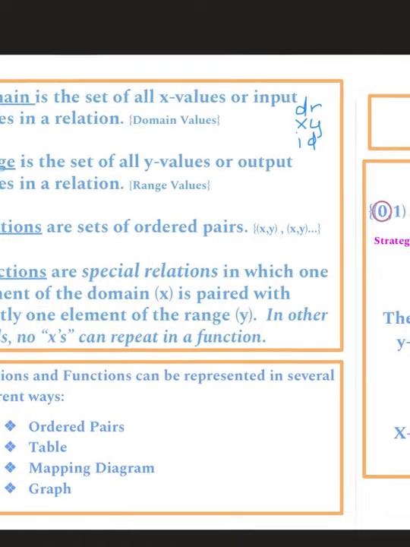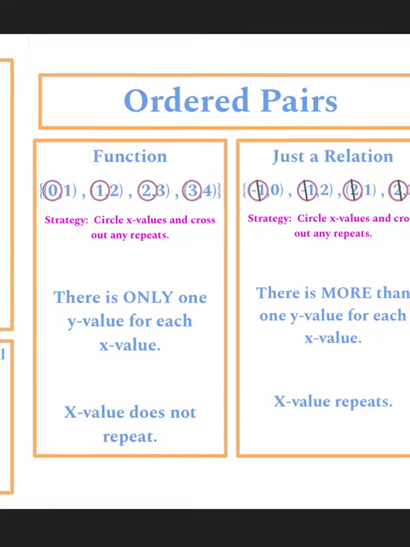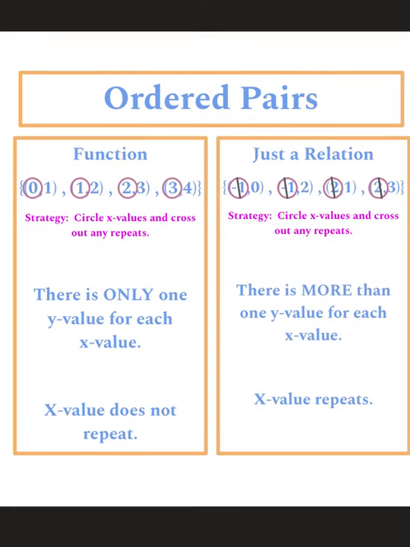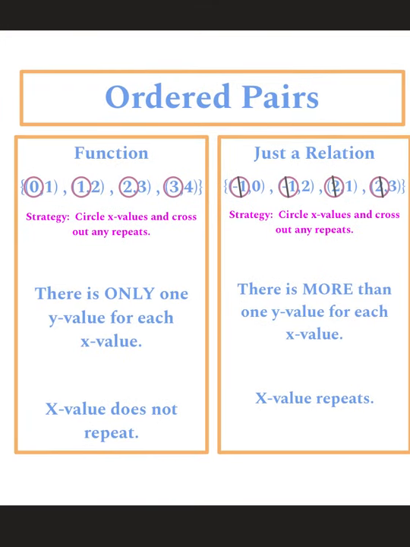Okay, so let's take a look. First one, we have a set of ordered pairs. Now, one thing I always would tell my students, if you had paper, would be to go through and circle all of your x values. And I suggest to do this because sometimes the numbers are so crowded together that it blends in. So if you circle the values you're supposed to be paying attention to, it's helpful.